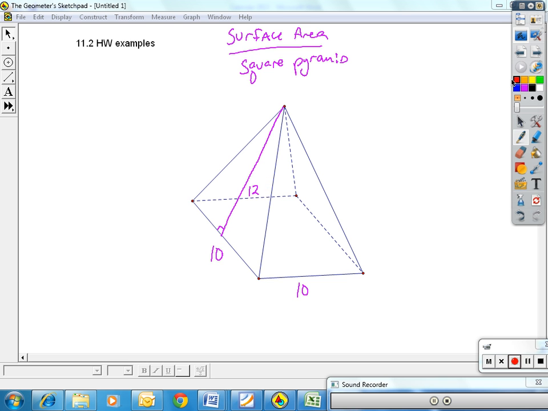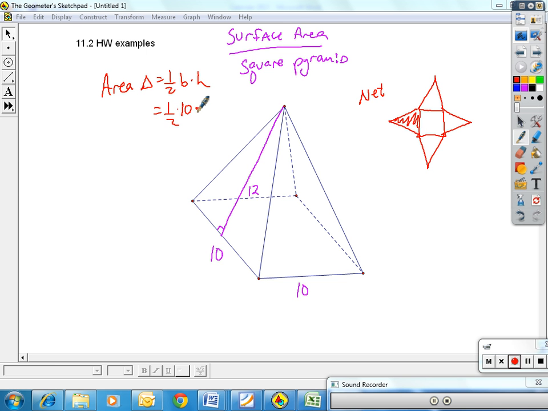So let's take it a bit at a time. What does the net look like? This might help you. If I unfolded this, I would have that square base with 4 triangles. Let's find the area of each of these triangles. Let's find the area of that triangle first. The area of a triangle is 1/2 base times height, and the base of this triangle is 10, multiplied by the height of 12, and that equals 5 times 12, or 60 units squared.